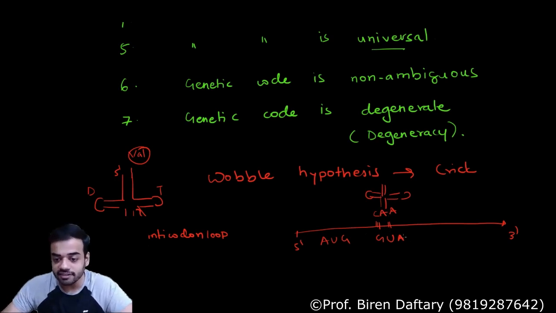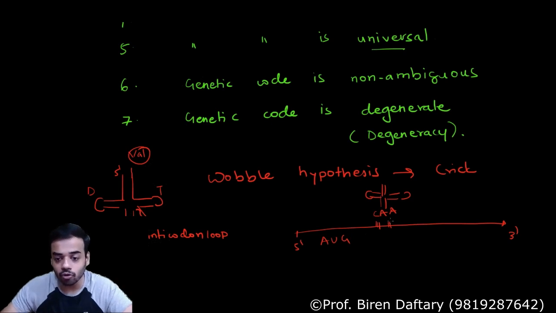Similarly, if this sequence GUA is not there, and suppose instead of GUA it is GUG. Now if you see, these two will base pair, but A and G cannot pair up, but still the tRNA will attach. So what I am trying to say is, how many codons can attach to this anticodon which is having CAA?